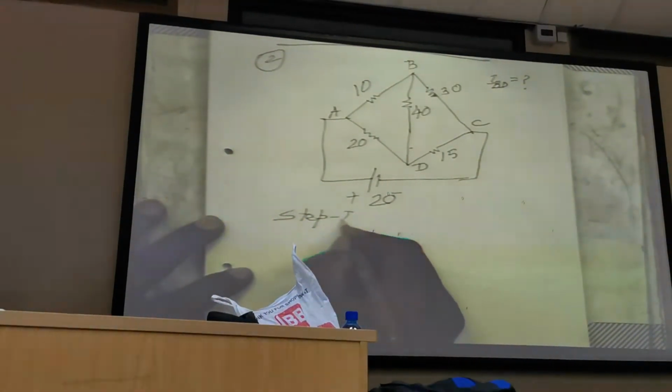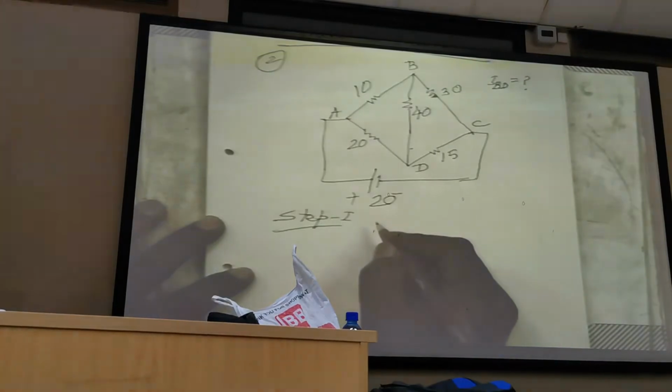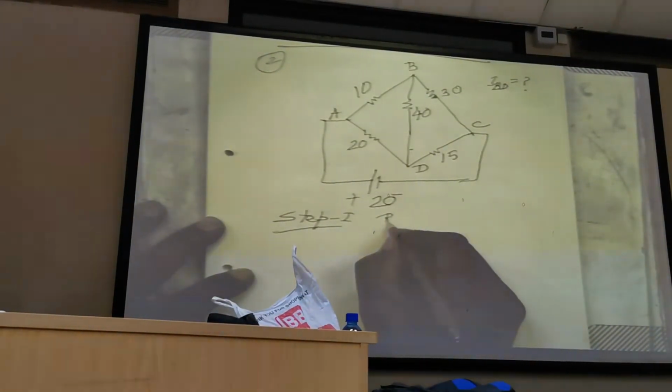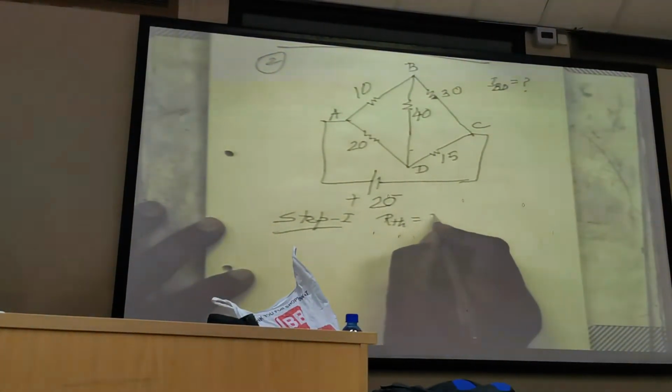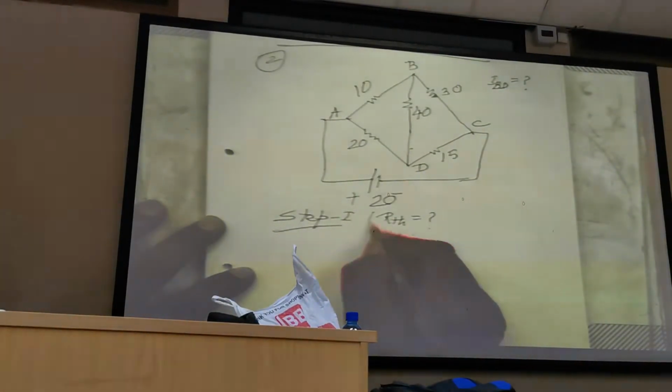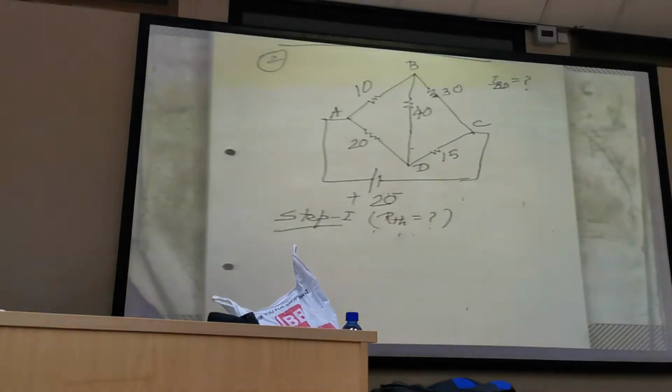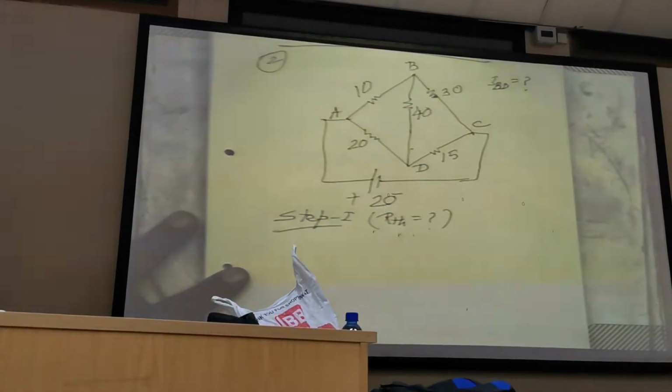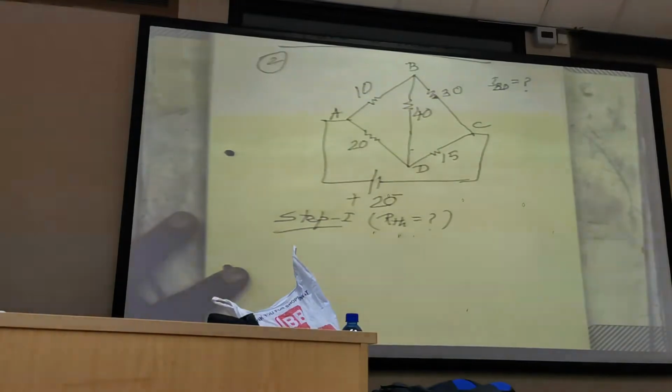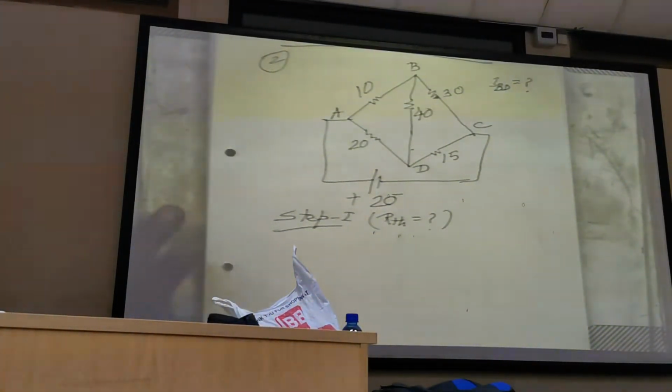We are finding out R Thevenin. Clear? In order to do that, we will remove the load resistance, that is, the 40 ohm will go. And also we are going to replace the battery by its internal resistance, right? Let's do it.